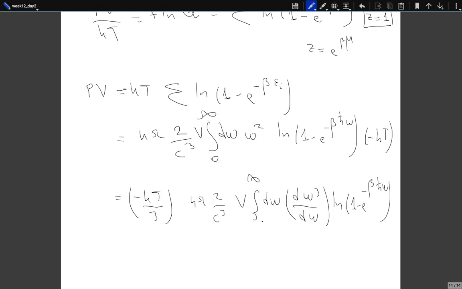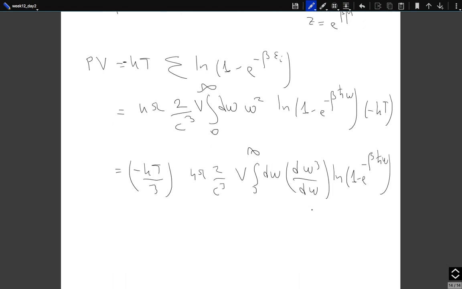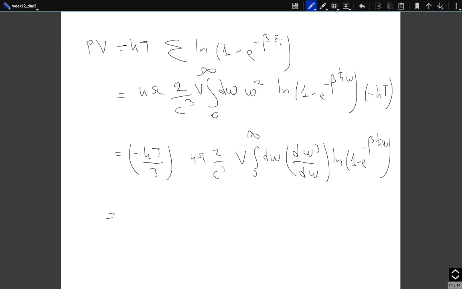You see this 1 over 3 is when I take the derivative of omega cubed, that brings a factor omega cubed. Now I can do an integration by parts, but this time the boundary term will not contribute. So it will be minus kT over 3, or plus kT over 3, 4 pi 2 over c cubed, V, integral from 0 to infinity d omega, omega cubed.